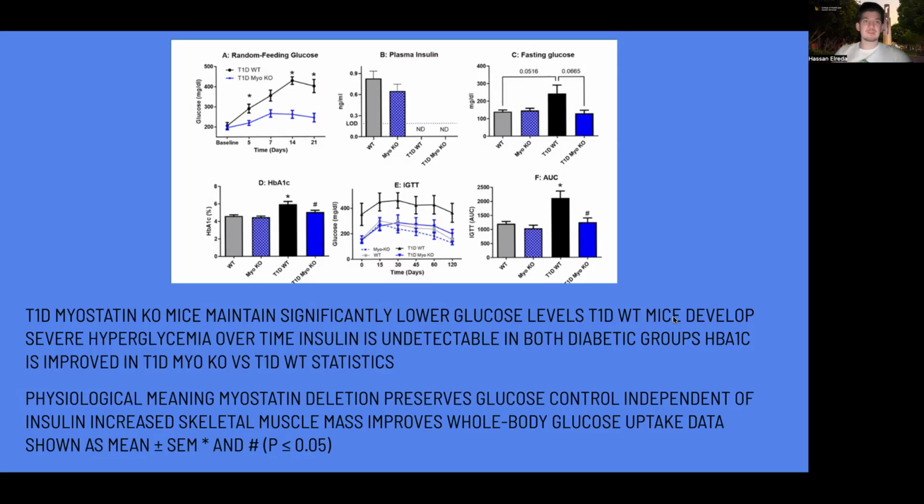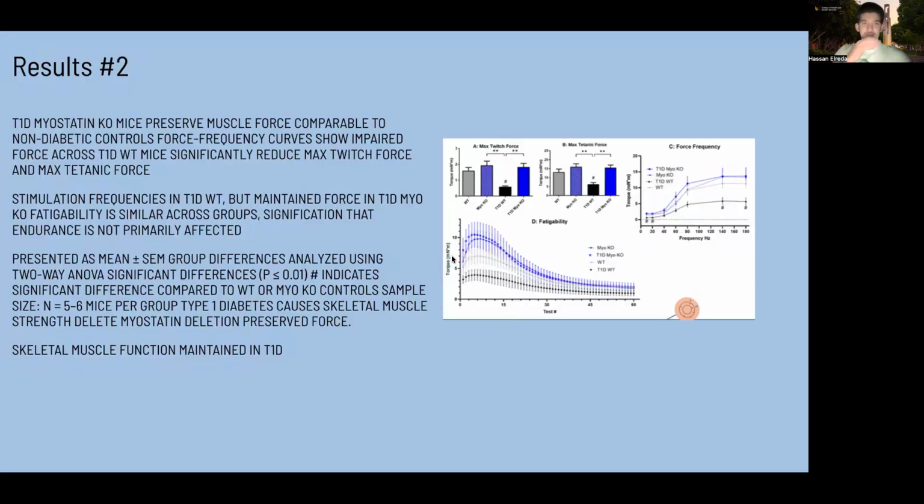So, interesting data. Now let's move on to results number two, muscle function. I'll give you a second to read that and understand the data we have here with the max twitch force, the max tetanic force, the force frequency, and fatigability. When looking at muscle function, the diabetic mice with myostatin showed significant weakness and reduced force production.